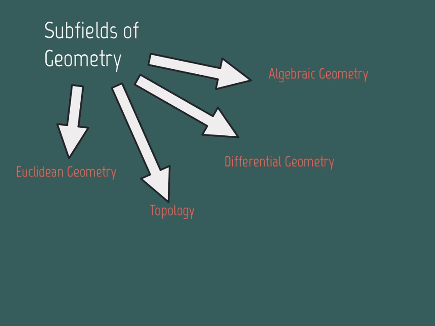It has a lot of subfields. And these subfields, we use them every day. We don't notice it, but we do. And they're very helpful. We have some of them right here: algebraic geometry, differential geometry, topology, and Euclidean geometry. But what are they? So first, let's start with algebraic geometry.